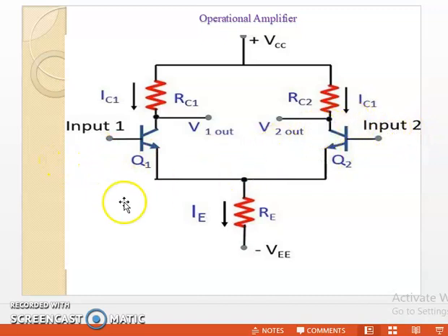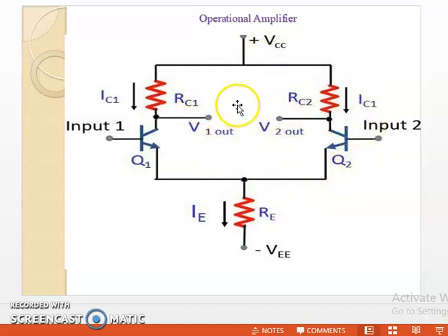Two separate transistors Q1 and Q2 are utilized in this circuit for providing the two inputs V1 and V2. V1 is shown here, V2 is shown here. This is the high voltage supply, the low voltage supply, and here the output is taken.